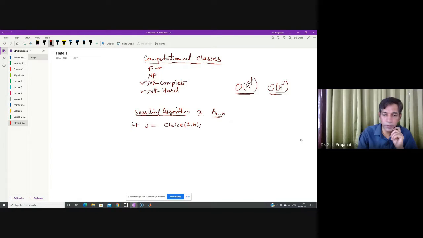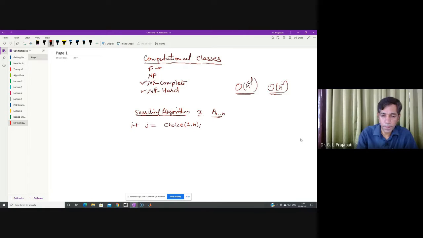This is the condition we see in the choice function. So see that this choice function is identifying the index value from 1 to n. If x is in the list, then it will output the correct index, and if the item is not in the list, then it will return some garbage value like 0. So see, int j, you can write the statement like this.